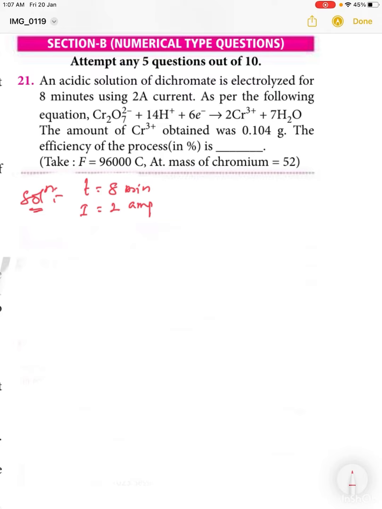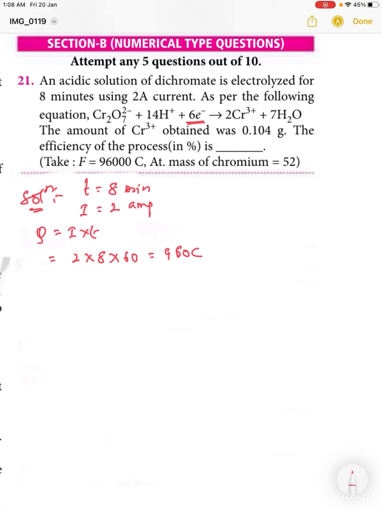Efficiency of the process is asked. The formula is Q equals I into t. Q equals 2 into 8 into 60, that is equal to 960 coulombs.